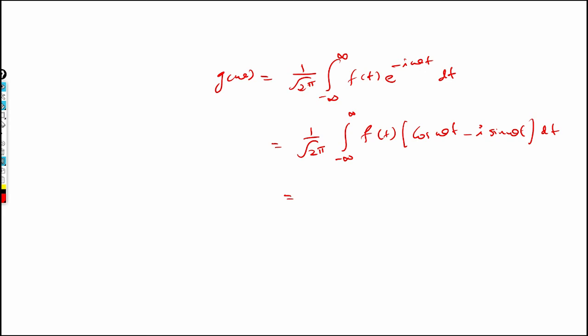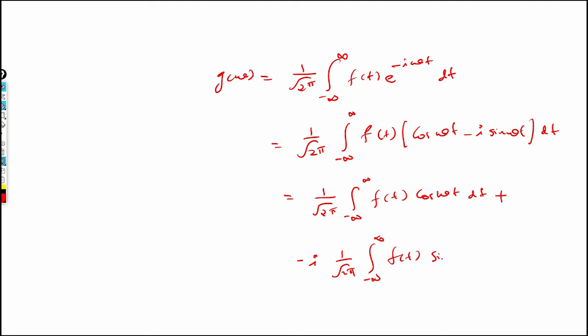Then we can split this into 2: 1 by root 2 pi integral minus infinity to infinity f of t cos omega t dt, minus i into 1 by root 2 pi into integral minus infinity to infinity f of t sin omega t dt, right?